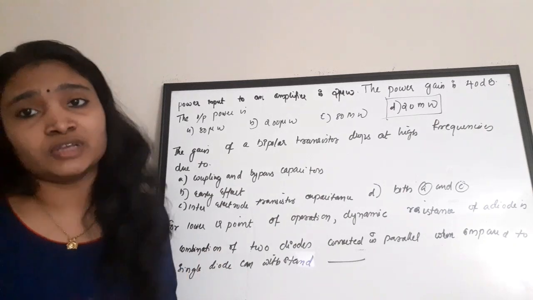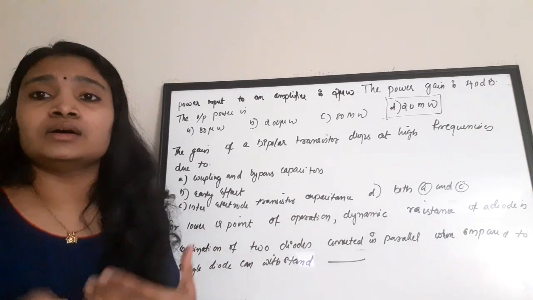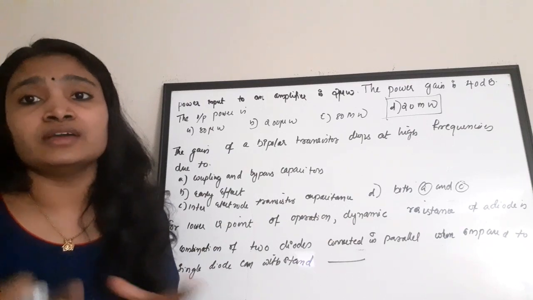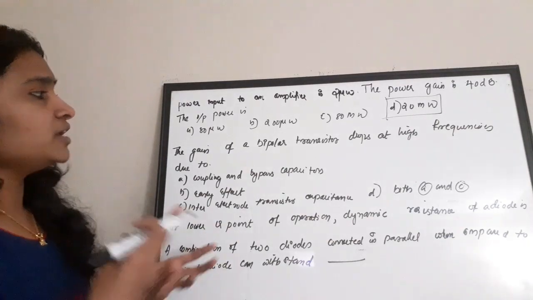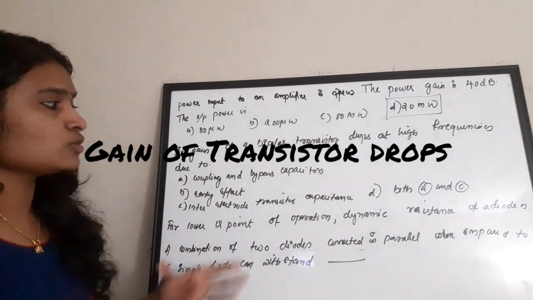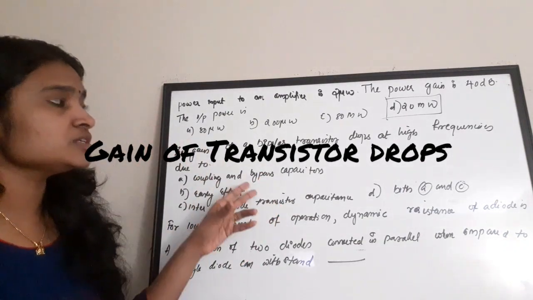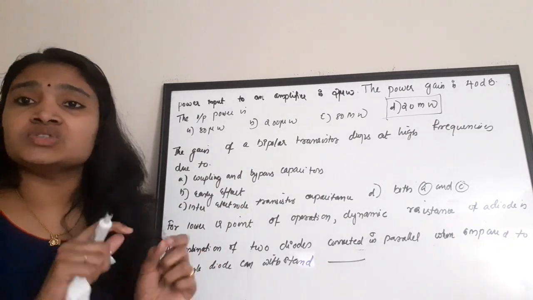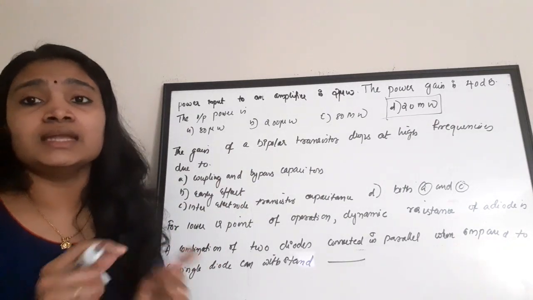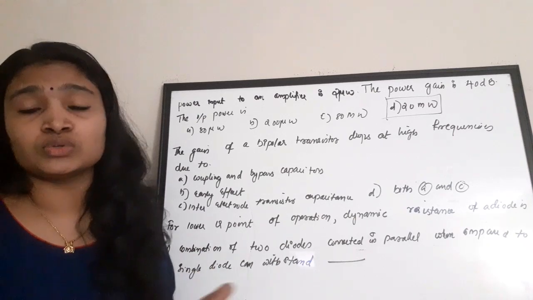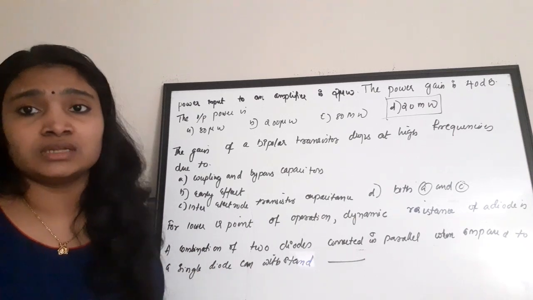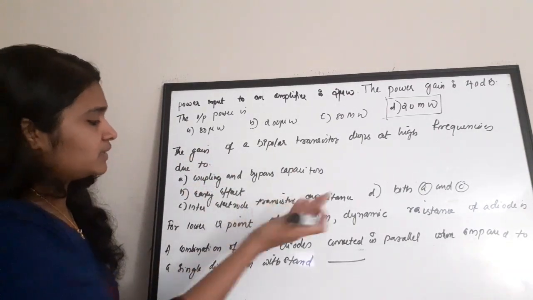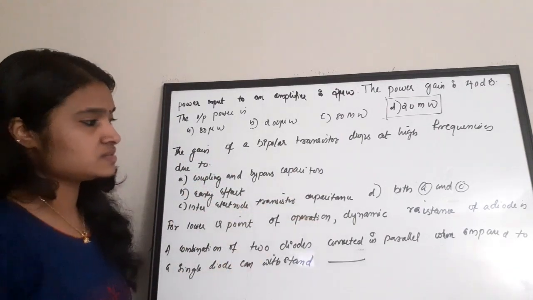At higher frequencies, there will be some parasitic effect of these capacitors, and due to this parasitic effect, the gain is dropped. So in general, the gain at higher frequencies drops due to the parasitic capacitance effect in BJT. It is due to the coupling capacitor, bypass capacitor and the inter-electrode transistor capacitor.